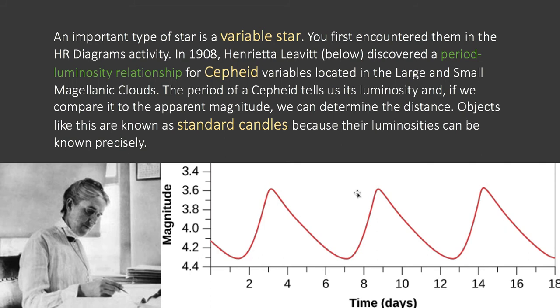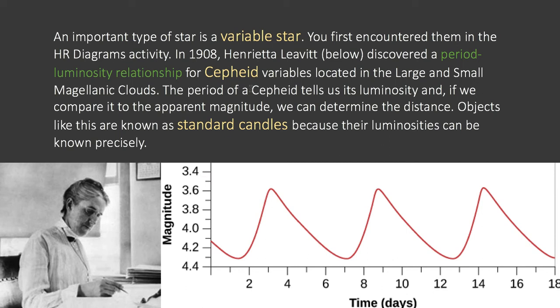That cycle, that time, so the period of this variable star being plotted would be from about 3 days to 9 days, so it would be a 6-day period. That period is directly related to how much luminosity it has. The types that have this specific period are known as Cepheid variables.